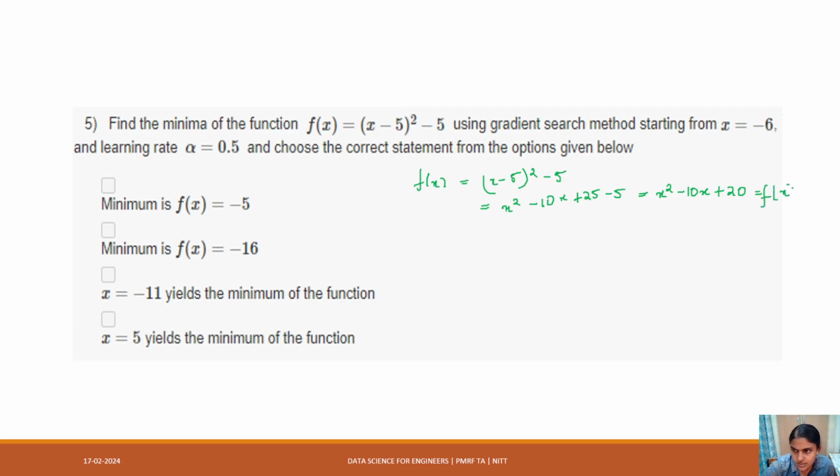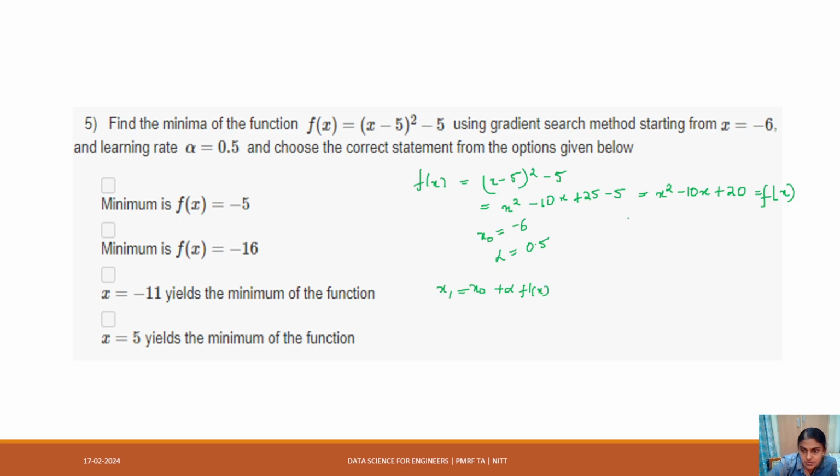Okay, now using gradient search method starting from x equal to minus 6. Earlier we had a 2 variable function, now it's a 1 variable function only, univariate. So starting point is x0 equal to minus 6, and learning rate is given as 0.5. So your next value will be x1 equal to x0 plus alpha into f dash of x.